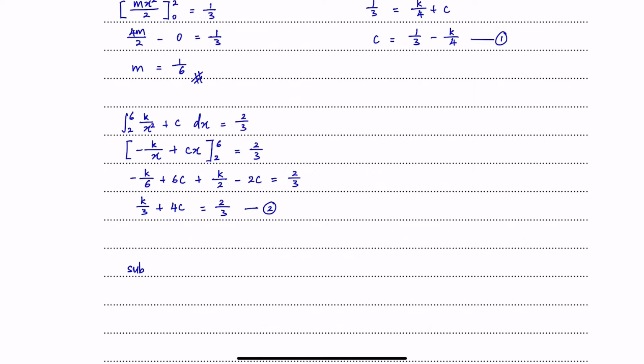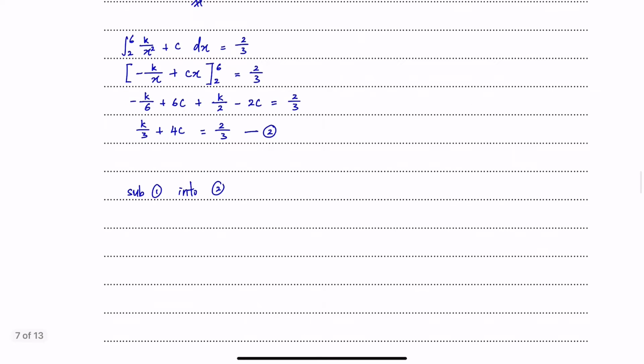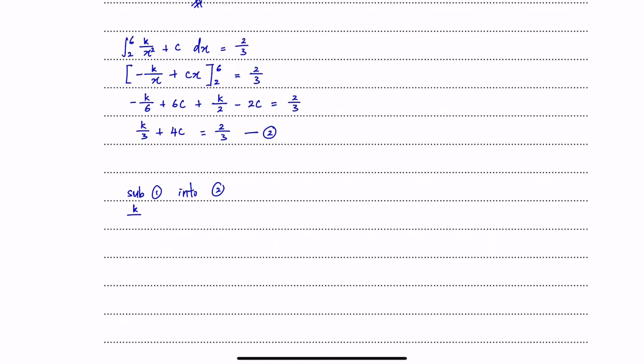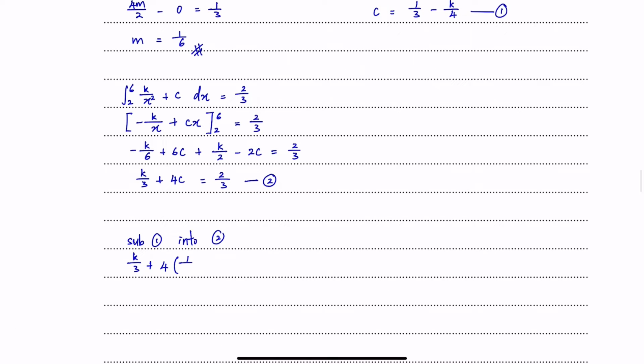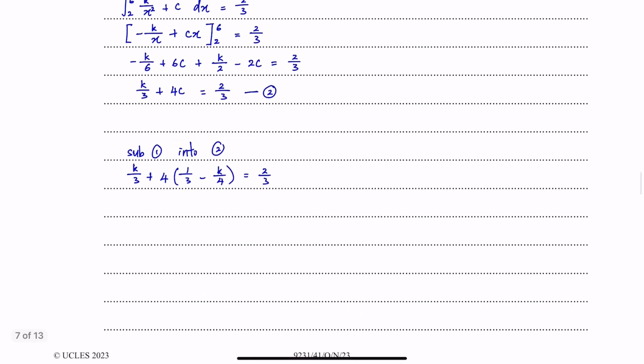So we sub the first equation into the second equation. We would get k over 3 plus 4 times c, which is 1 third minus k over 4, equals to 2 thirds. And this would give us negative 2 over 3 k equals to negative 2 over 3.